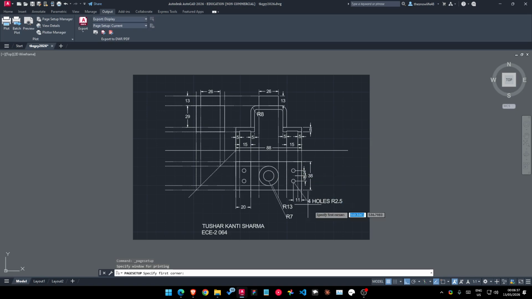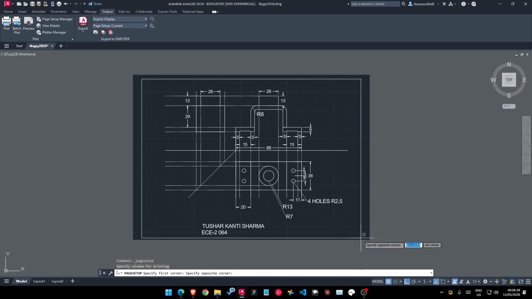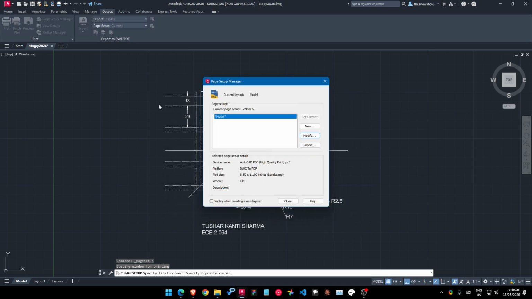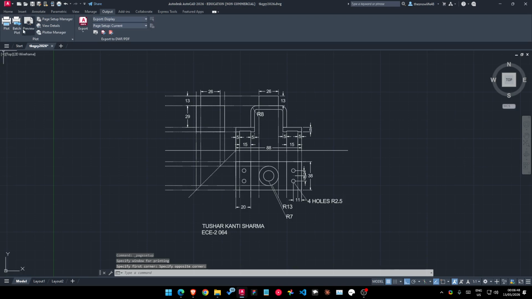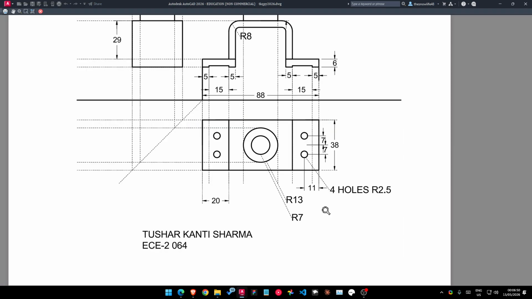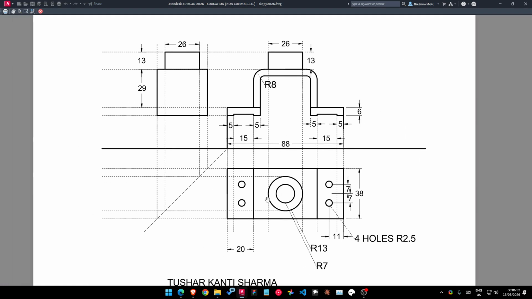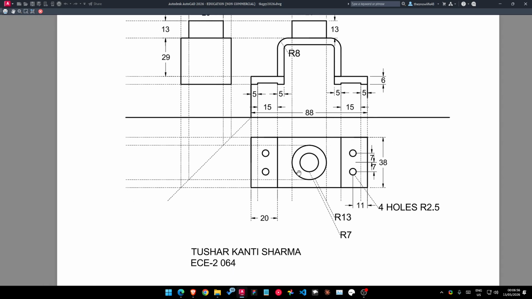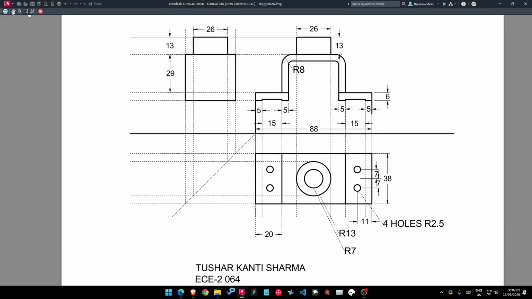Then just select an area that you think should be printed in the PDF. Click on center the plot and portrait or landscape accordingly, and click on OK. That's it. Then click on preview, and you will see how it looks. Now, this drawing does have some faults, but it's mostly pretty accurate to what it looks like. And then just click on plot, and the PDF will be saved.